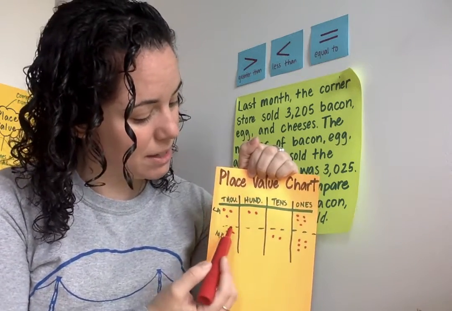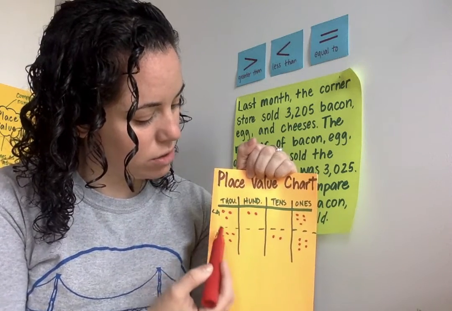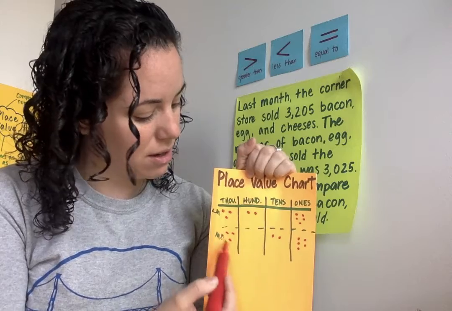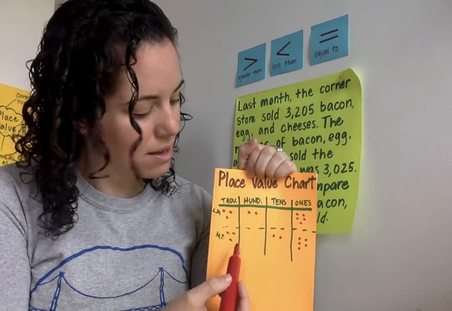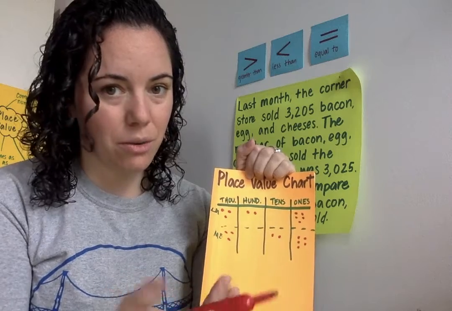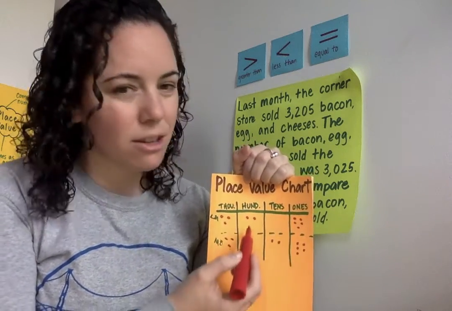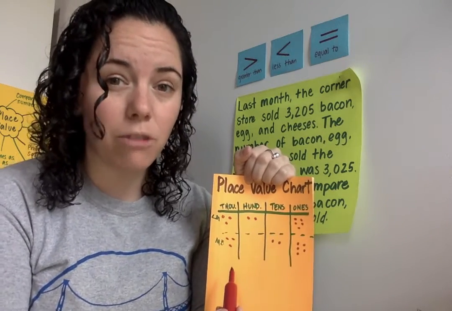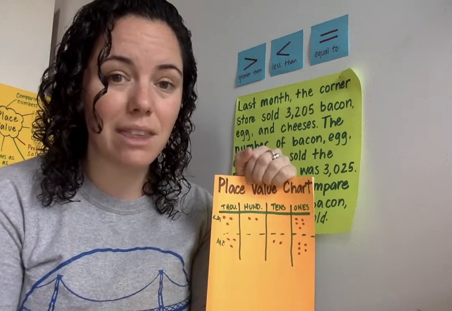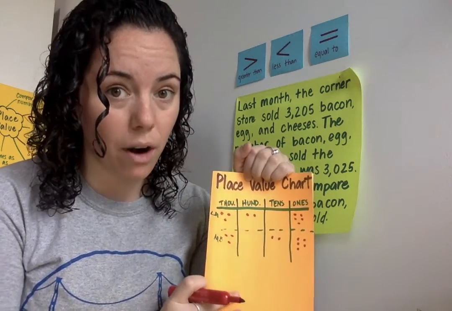And in the thousands place, I see that 3,000 bacon, egg, and cheeses were sold, and 3,000 bacon, egg, and cheeses were sold. So I'm pretty sure that you would agree with me that we have to take a look at this hundreds place because it's the greatest place value that can help us compare the number of bacon, egg, and cheeses sold last month to the bacon, egg, and cheeses that were sold the month before.